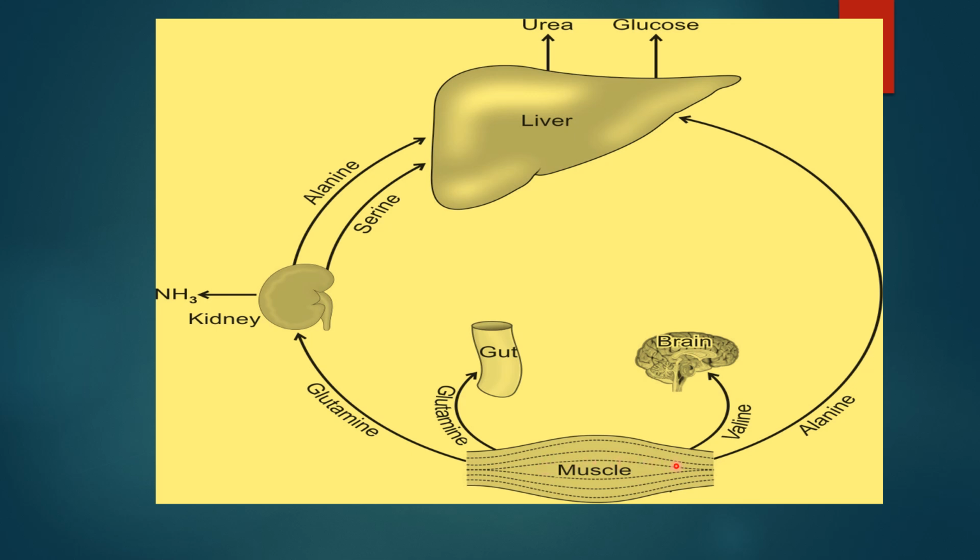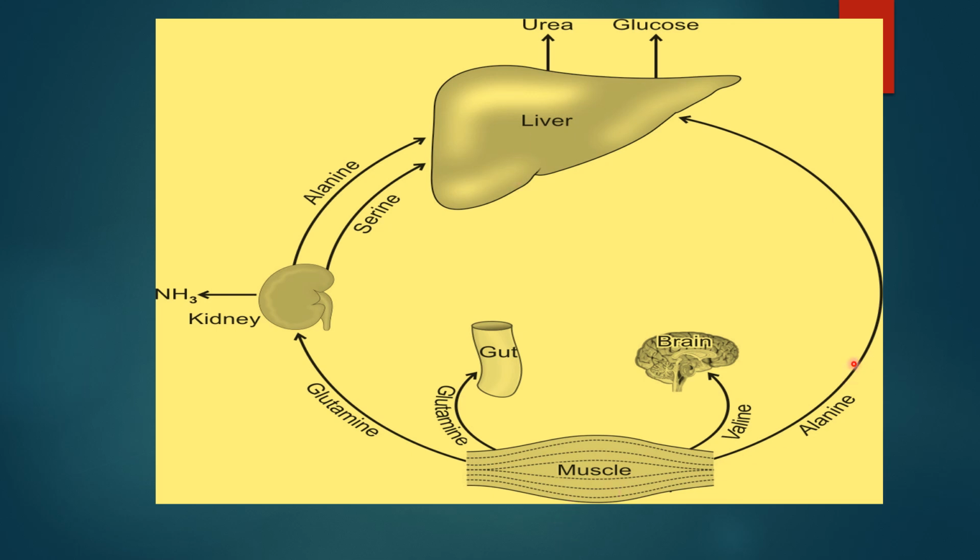So this is how alanine reaches the muscle. In the muscle, it is generated from pyruvate, again in the form of alanine, and this cycle goes on and on.